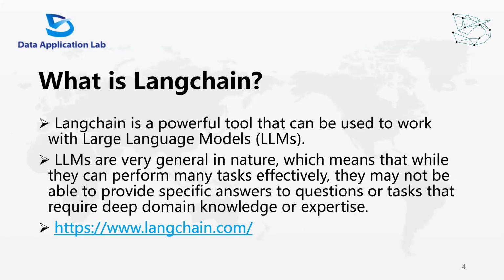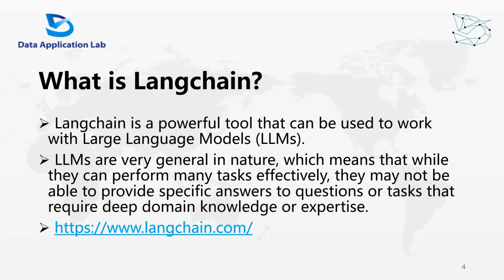So what exactly is Langchain? Langchain is a powerful tool, or you can say a powerful framework, that helps us to work with large language models. As you know, large language models can perform many tasks, but the problem is that they are not experts in a specific domain.